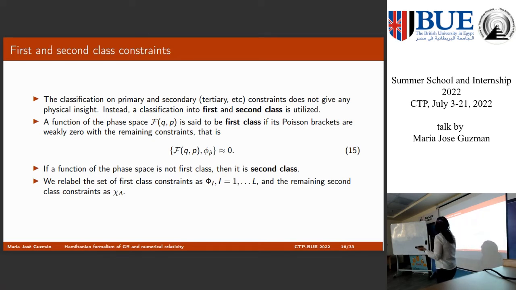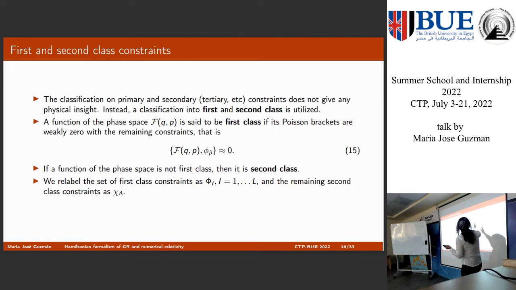But in physical theories, there is another more useful classification of these constraints, which is first and second class. And for doing this, we will redefine our constraints in first and second class. For this, we need to use our Poisson bracket that we defined previously.